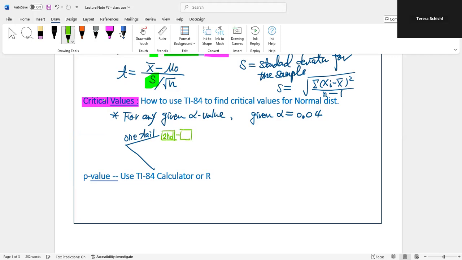Be careful here, second vars. Then you use the inverse norm. So this is inverse norm.